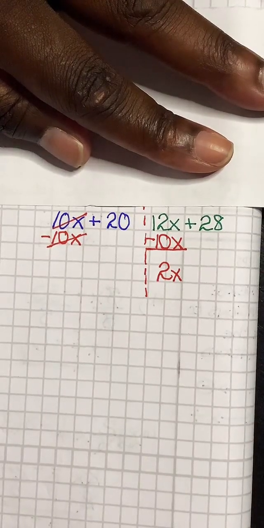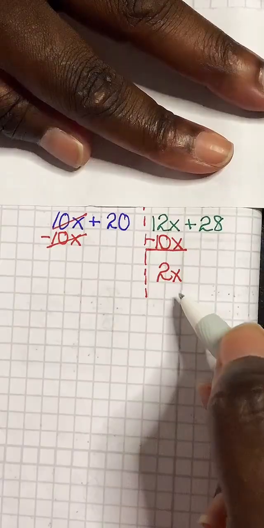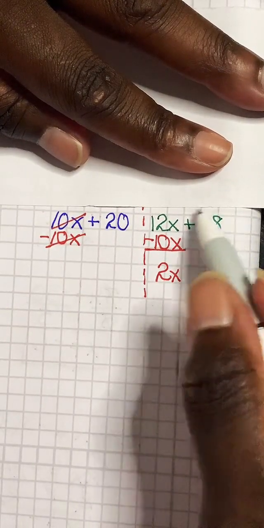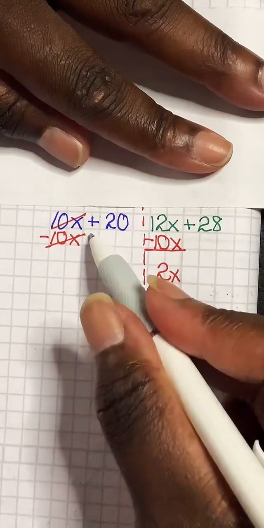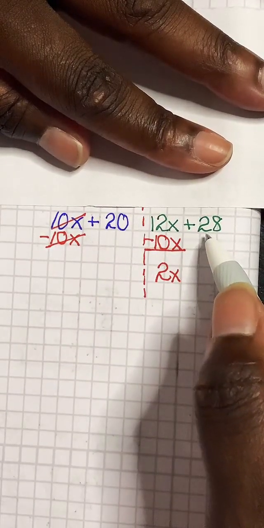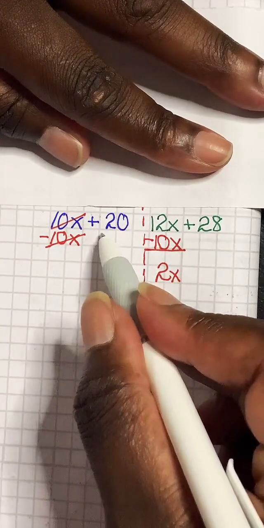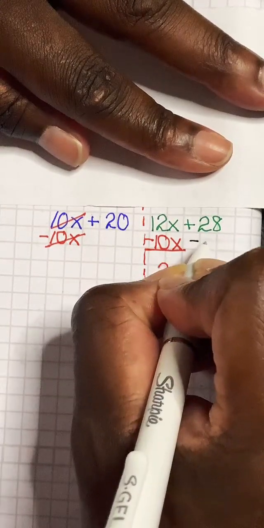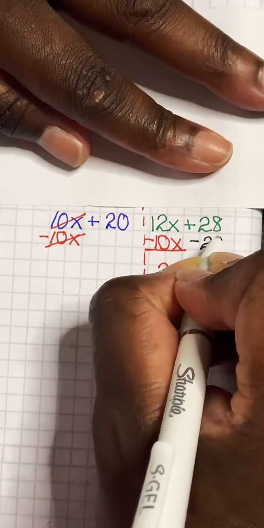But now, if I'm claiming my right side for my x's, then my 28 needs to go. So I need to move this positive 28 over to the other side of the equal sign. So I need to do its inverse, which is minus 28.